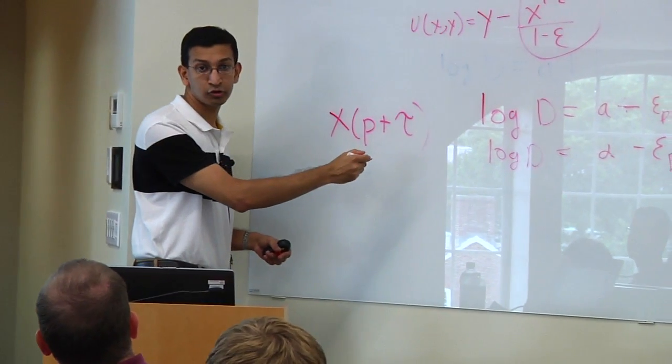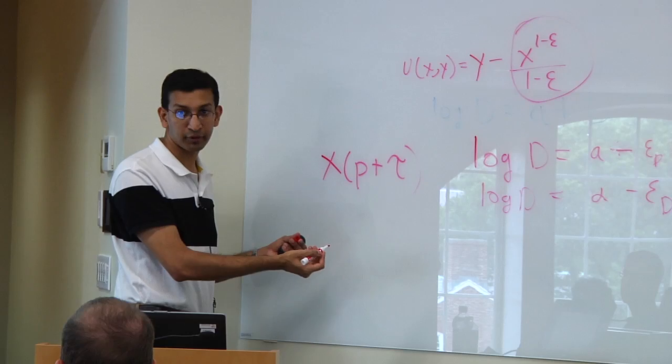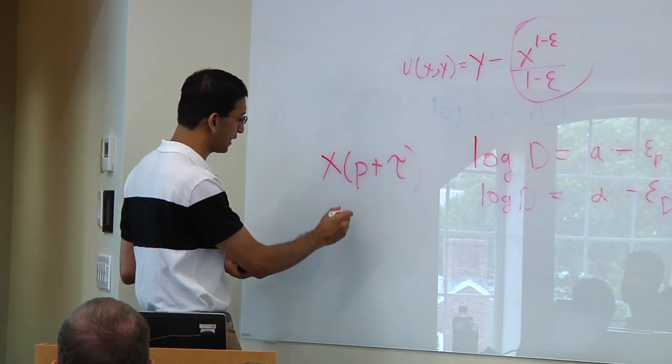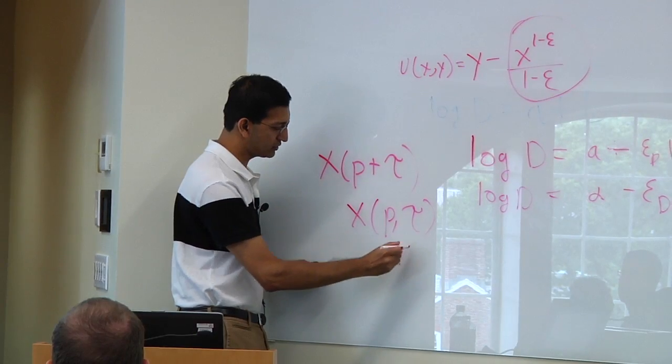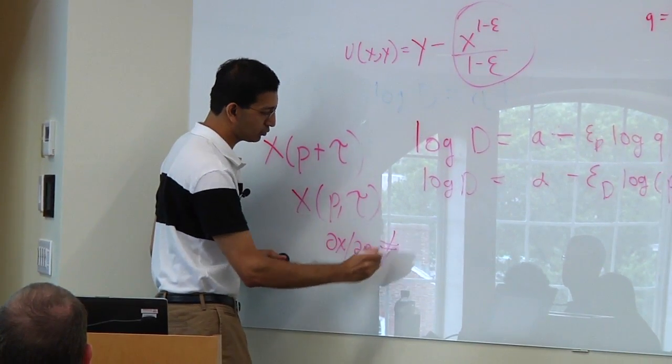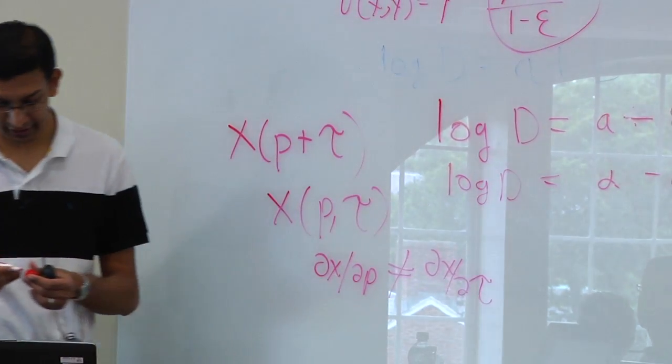We're automatically assuming that dx dp equals dx d tau, right? The tax and the price have the same effect if this is a specific tax. But here the point is we're going to write it like this so that we allow dx dp not equal to dx d tau, and that's precisely what we're interested in testing.